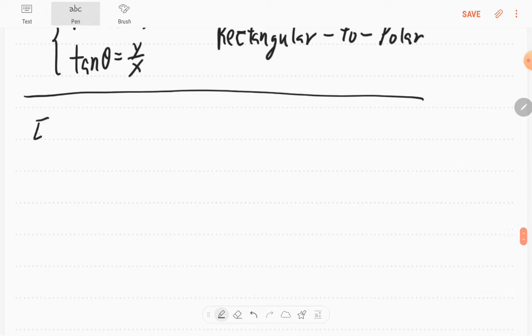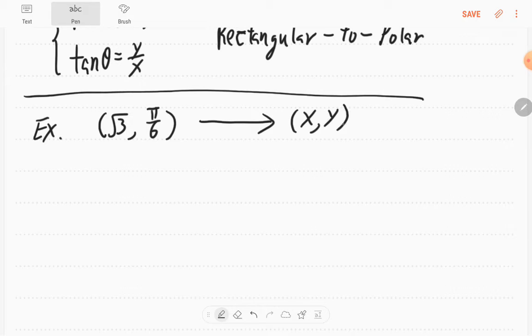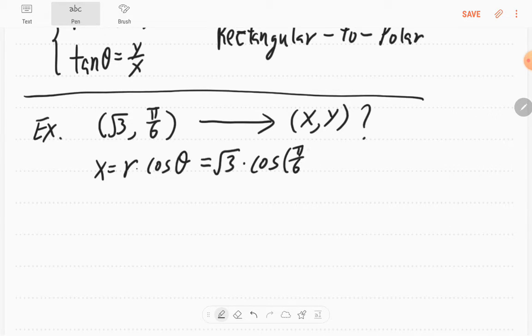So now let's look at an example. If we have the polar coordinates square root 3 and pi over 6, what is the xy coordinate? We use x equals r times cosine theta, which is square root 3 times cosine pi over 6. So this is square root 3 times square root 3 over 2, which is 3 over 2.